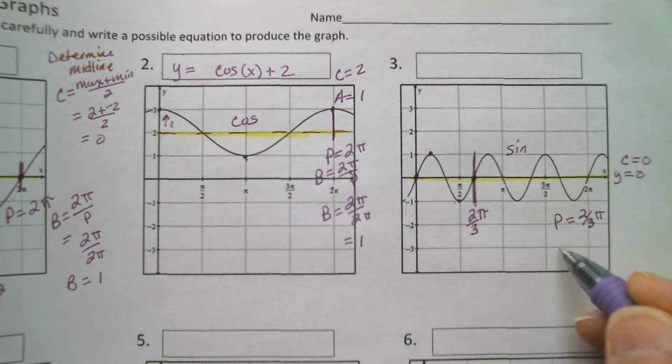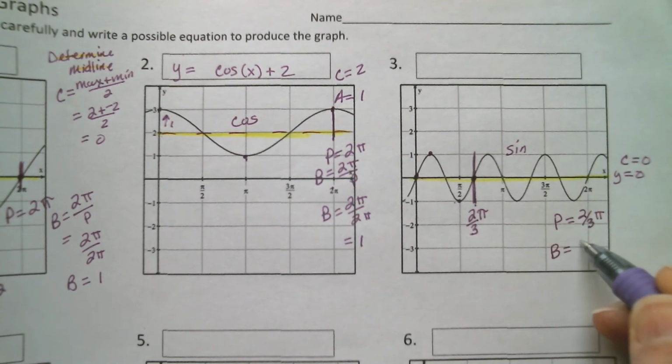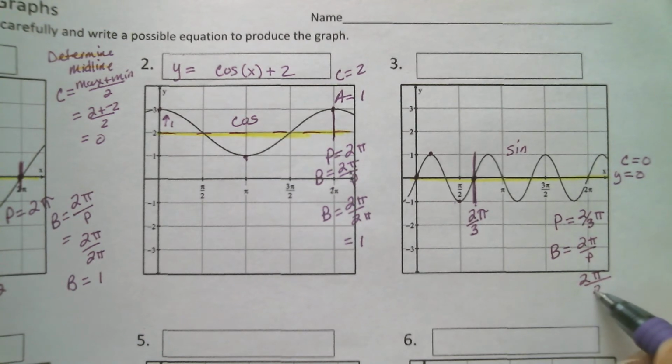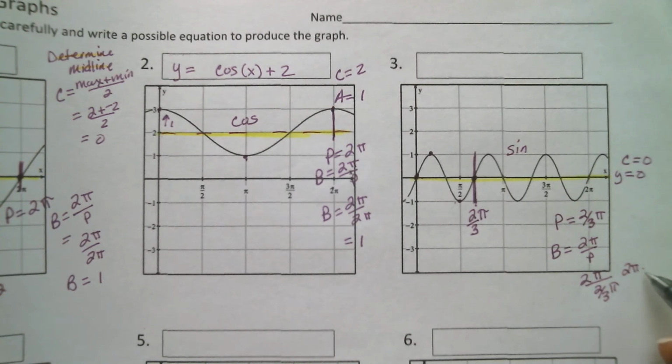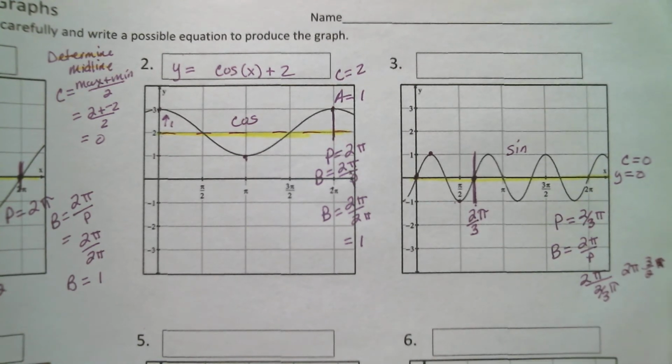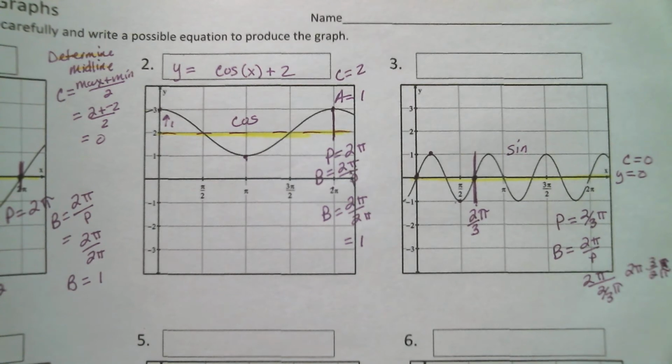We need to find b. So b equals 2 pi over the period. So 2 pi divided by 2/3 pi is the same as multiplying by the reciprocal. I'm sorry, I should write it as 2 pi over 3, so 3 over 2 pi. That'd be easier.